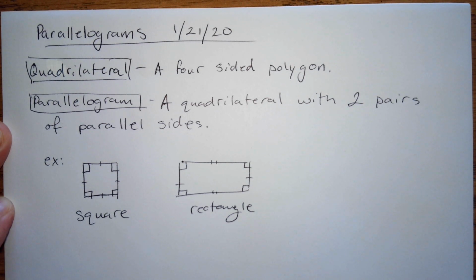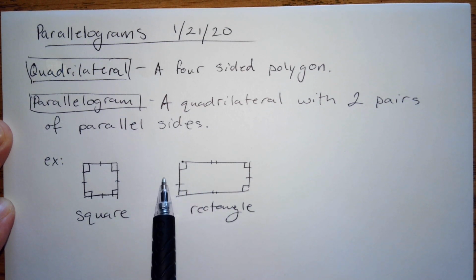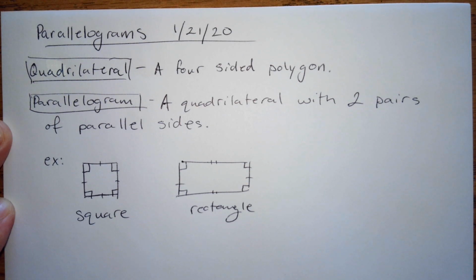Remember, the only thing you need are two pairs. So the top and bottom is one pair. The left and the right side is another pair that are parallel. A pair that's parallel. Two pairs that are parallel. Two, as in a pair of parallel sides.